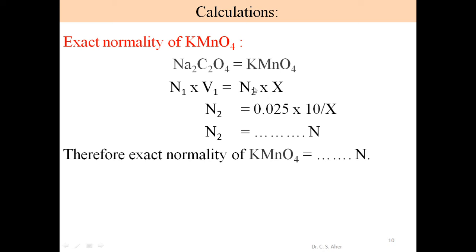Then N2, the exact normality of KMnO4, is equal to N1 V1 upon X. This N1 is 0.025, the normality of the sodium oxalate solution, and the volume taken is 10, divided by X. That calculation, with the mean KMnO4 reading X, gives the exact normality of KMnO4. Therefore, the exact normality of KMnO4 is N2.